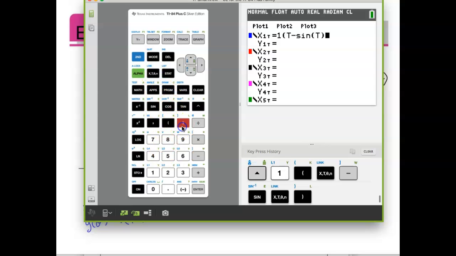Remember, the name of the parameter doesn't matter. In this case, our calculator just makes it t, but t represents the angle that our circle is following, right? And y is 1 times 1 minus cosine t.